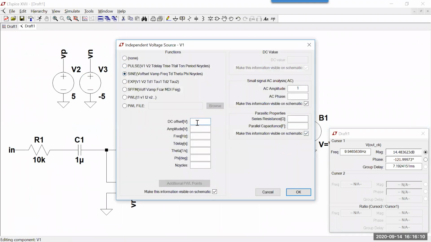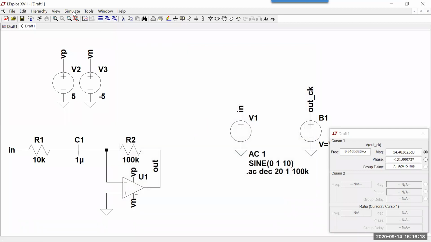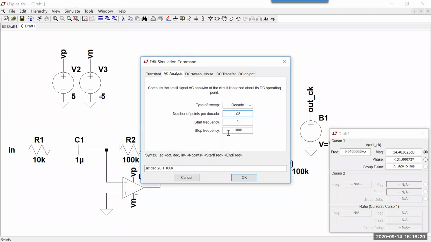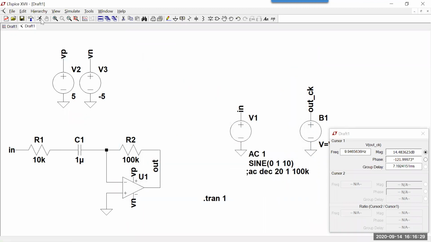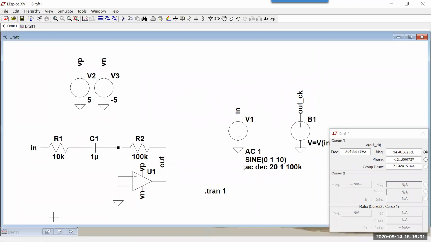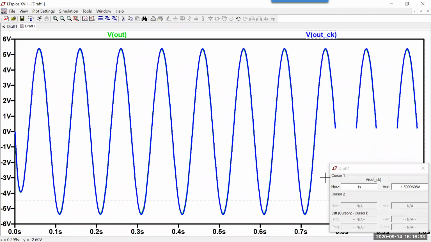So now if I take this, put in a sine wave of 1 amplitude, 10 Hertz, simulate for a second. Okay.